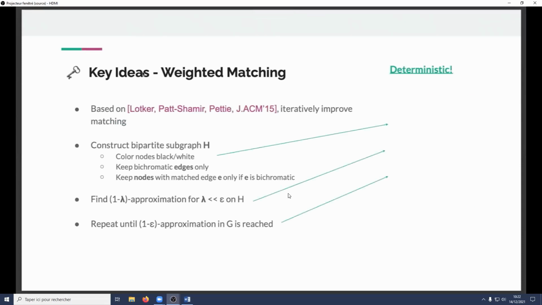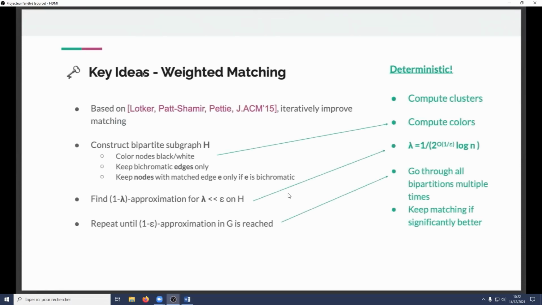So deterministically, we first cluster our graph, then we compute the colors deterministically, like I just explained. We approximate matching with a lambda even smaller than in the randomized version. We also have here an exponentially small value, 1/epsilon times log n. And now we go through all these bipartitions and try to improve the matching.